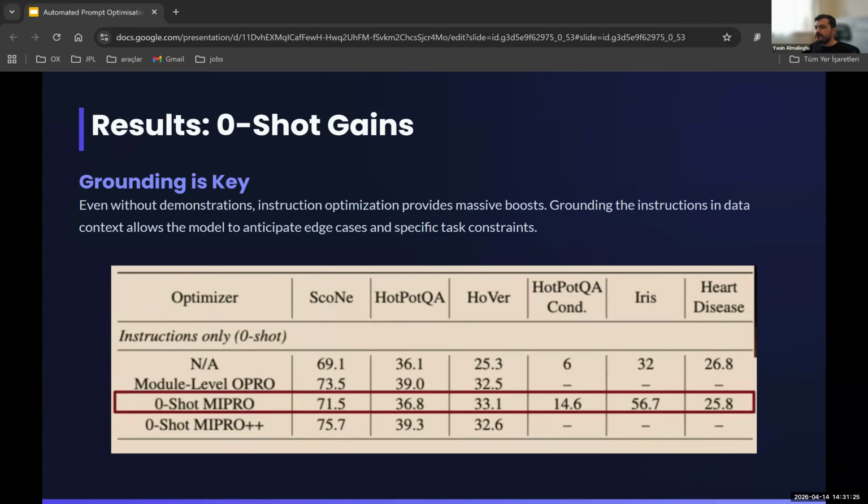This is the highlighted red box here that you can see with this zero shot, like basically it doesn't see any examples, but it can still come up with an optimized prompt that beats human engineered prompts.